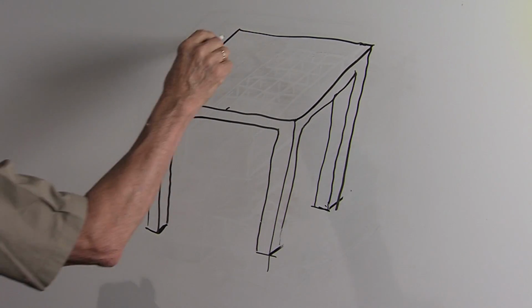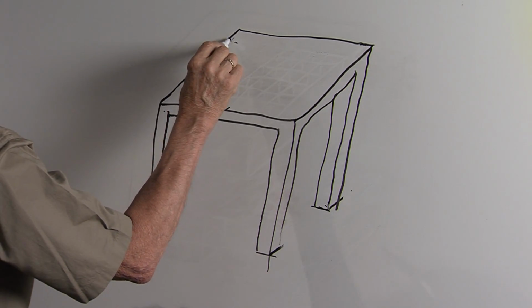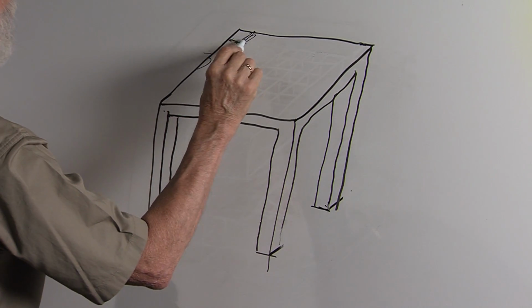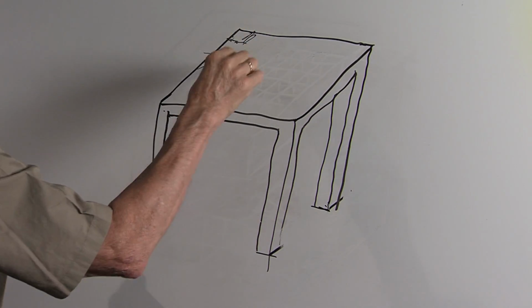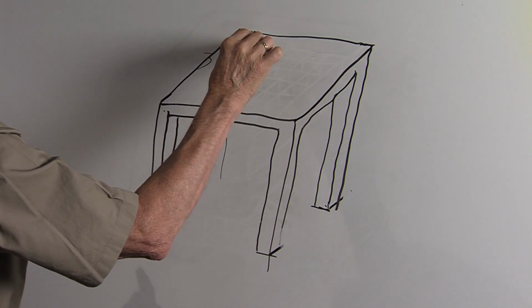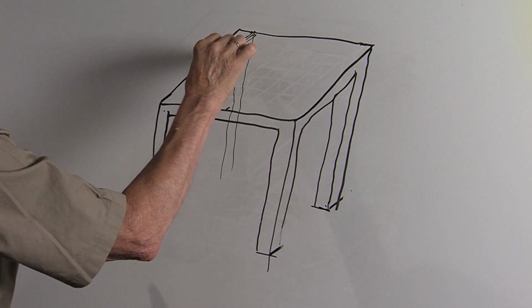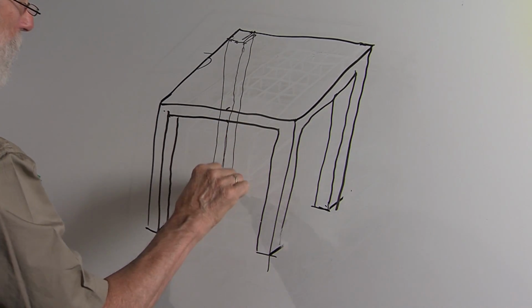Well, one of the ways is to start way up here and figure out what this would look like. I'm going to just sketch it in up here, what that leg would look like if it hit. And then if you project down from there, I'll erase all of this later. That's where it would appear. Okay, to be accurate, it would appear there.